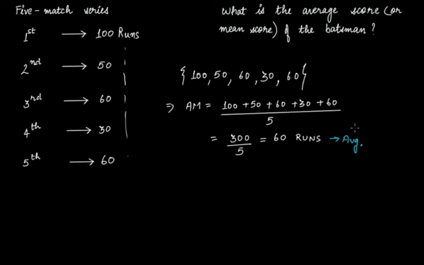Does that mean that in every match that batsman has scored 60 runs? No. You can see here, in the first match it was 100, then in the next it was 50, then 60, then 30, and then 60. So not in every match the batsman has scored 60 runs, but if we calculate the arithmetic mean, this average value will tell us that on an average it is 60 runs per match.